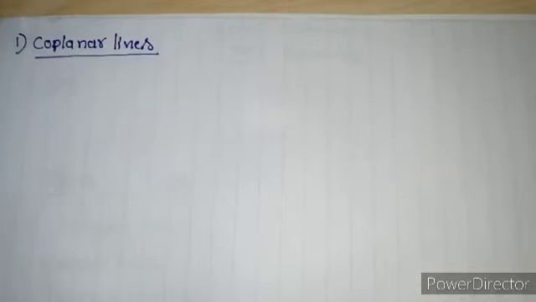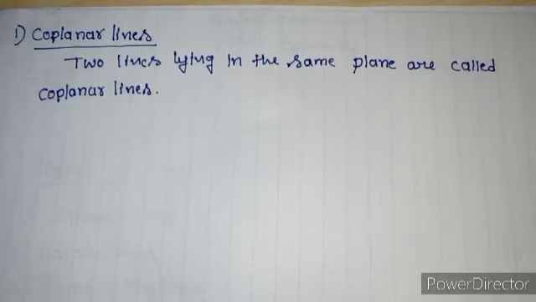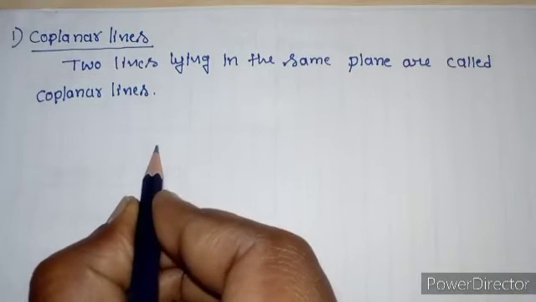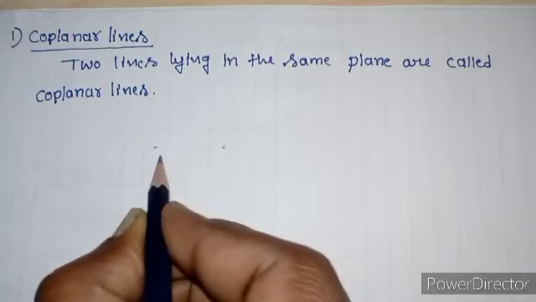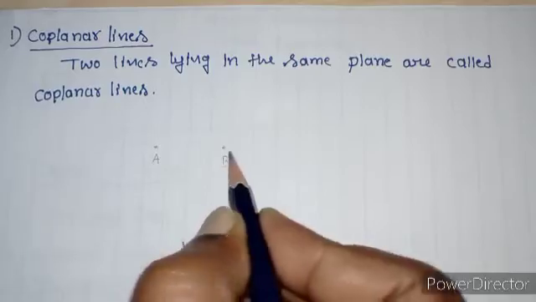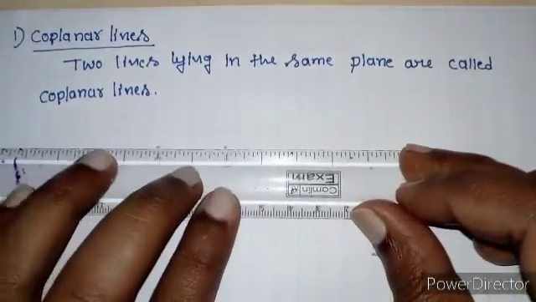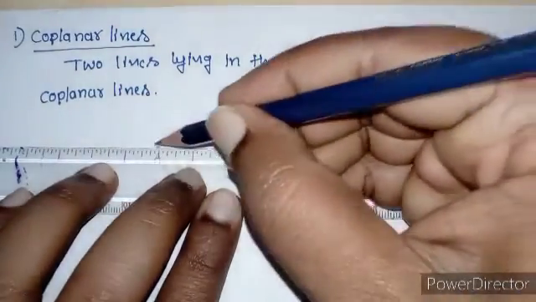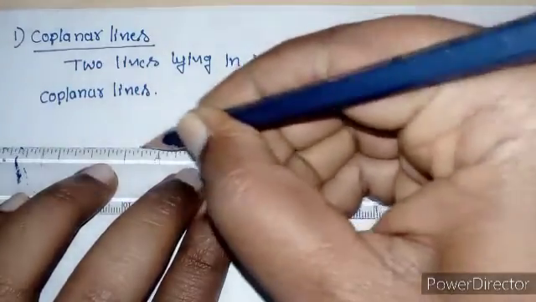Next, we are going to learn about coplanar lines. Two lines lying in the same plane are called coplanar lines. For example, see here: this is one point, this is another point. I am going to name these points A and B, and join them with extended arrows.